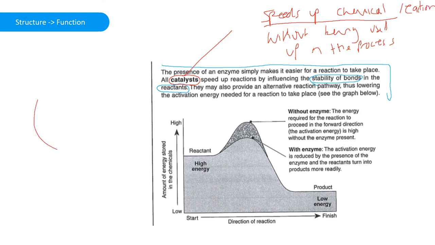So if this enzyme here is catalyzing this reaction, then when it pops off into its two parts, into its product, this enzyme does not get used up in the reaction itself, so it is free to move on and do another reaction.